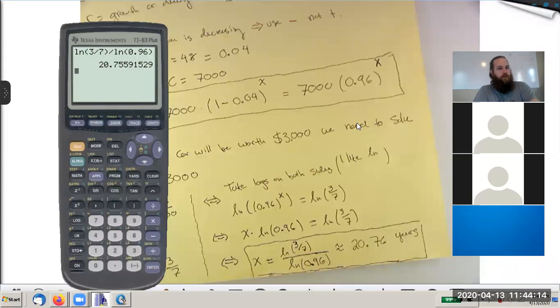That's the parentheses 3/7 that you see around here. And then down here, these parentheses. So first we're taking what's going on in these parentheses, then we're taking the logs of them, and then we're dividing them. When I put it in the calculator like this, it's with the knowledge that the calculator will follow the order of operations.